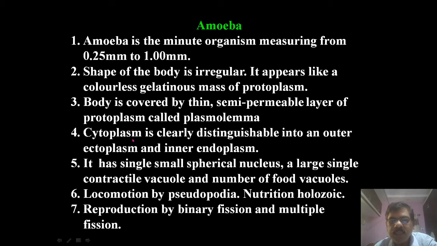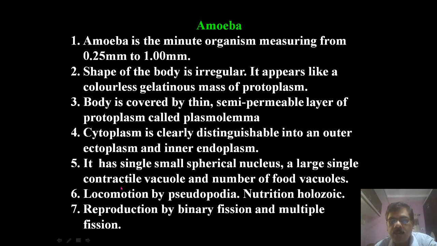The cytoplasm is clearly distinguishable into two parts: the outer one is ectoplasm and the inner one is endoplasm. It has a single small spherical nucleus which is eccentric in position or toward the center, a large single contractile vacuole which is excretory in function, and a number of food vacuoles.